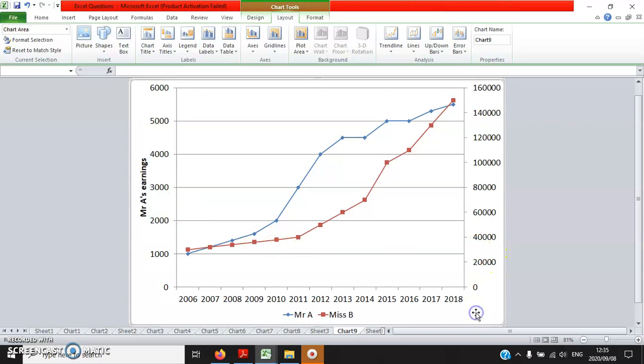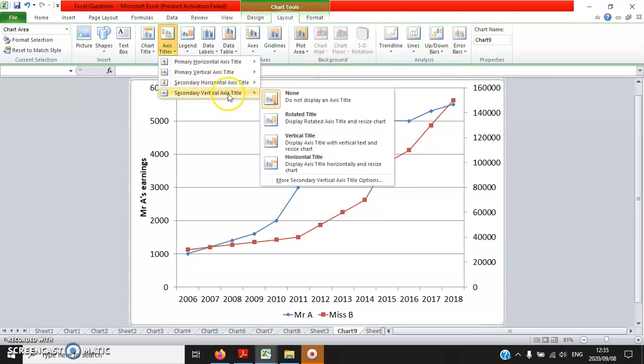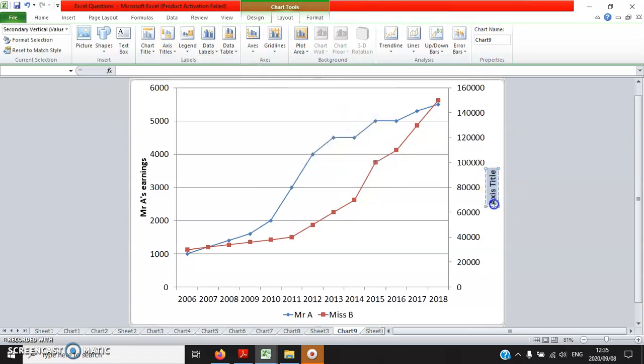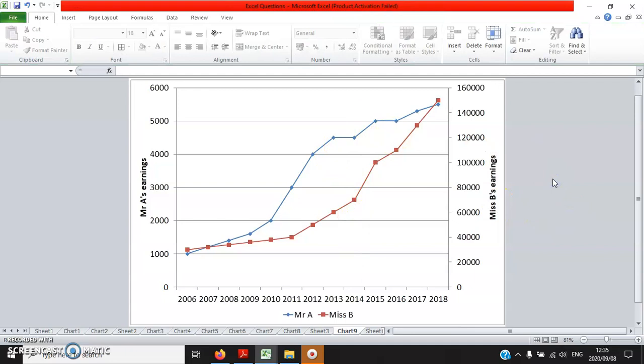Okay. And then similarly for the other one, layout, axis title, now the second one, secondary vertical axis, rotated title. So you can type it as Miss B's earnings. So you can actually see the upward trends in the earnings of both persons during the 12-year period.